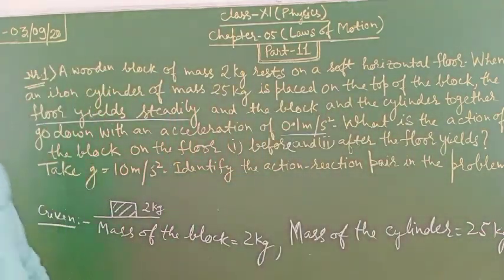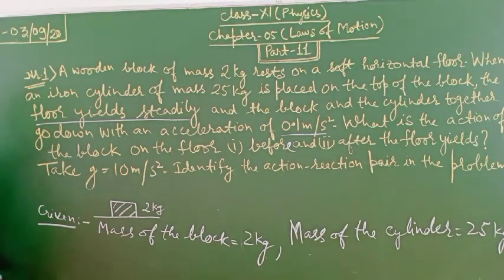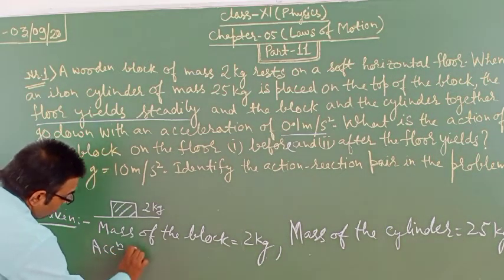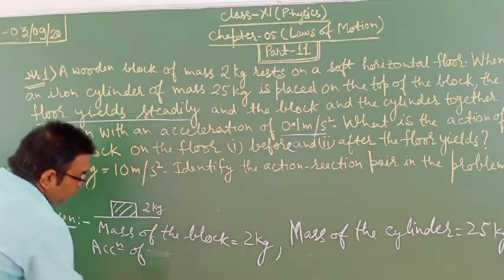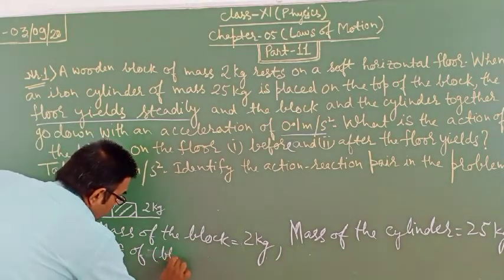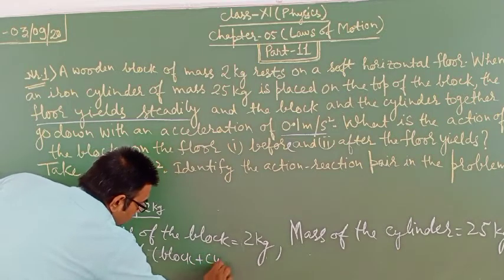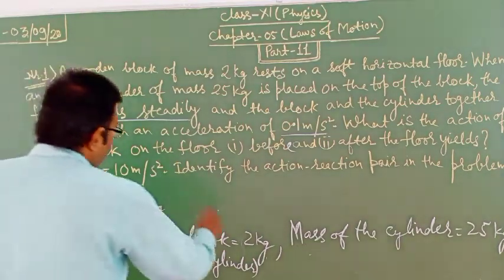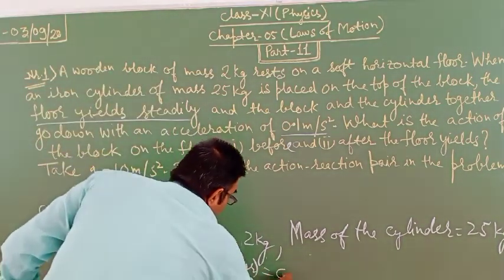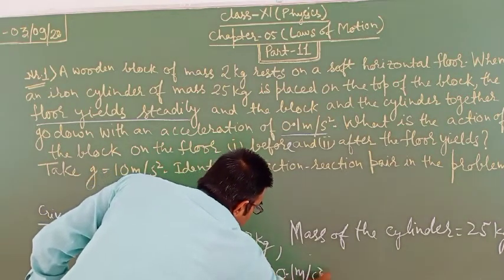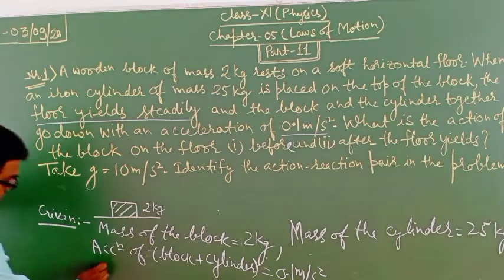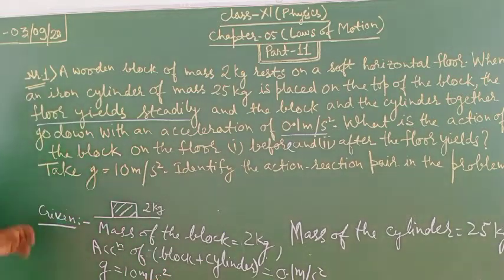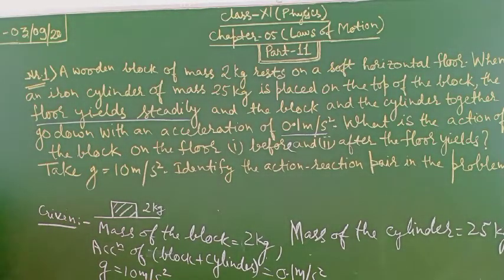The acceleration of the block plus cylinder system is 0.1 meter per second square, and the acceleration due to gravity g is equal to 10 meter per second square. All these things are given in the question.